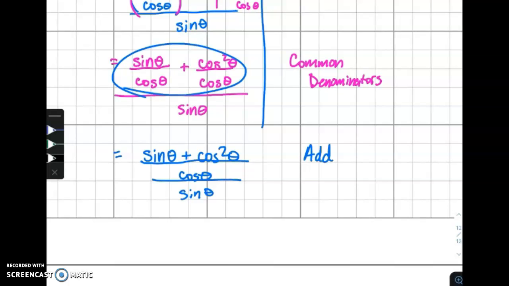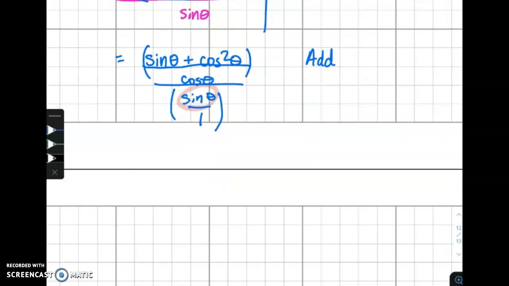Then I don't like this double fraction. So now I'm going to try to get rid of the sine. This sine has a 1 on the bottom. So I've got this top fraction divided by this bottom fraction. So I'm going to multiply by the reciprocal. I'm going to multiply by 1 over sine on the top and on the bottom so that I can cancel the bottom fraction.